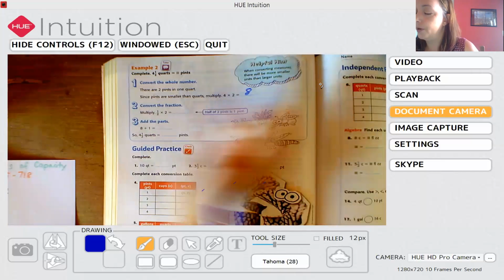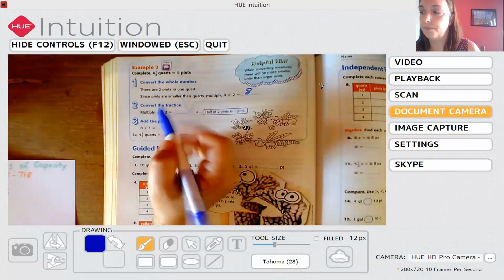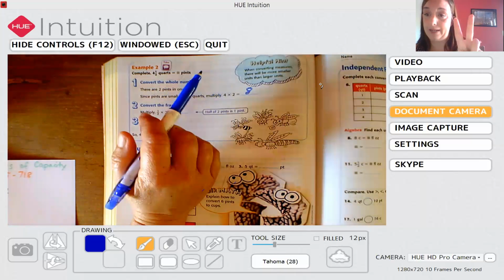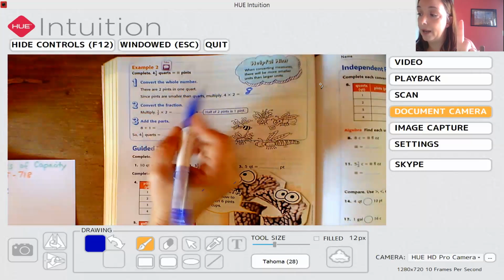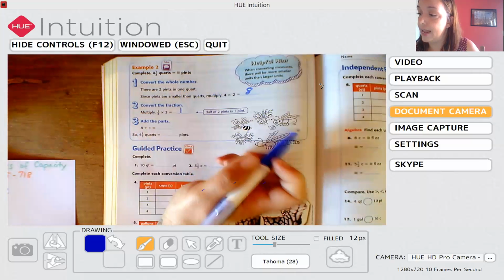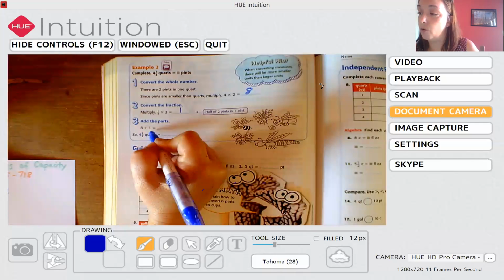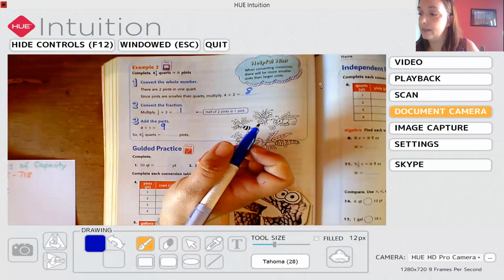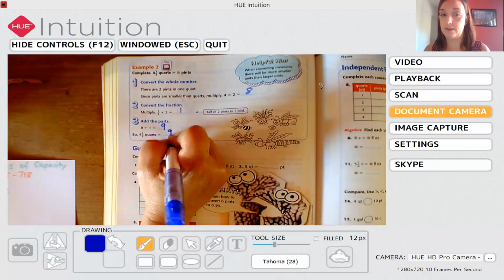So the whole number is 8. Now in 1 quart, there's 2 pints, so in half a quart, that would be 1 pint. So if I have 8 from the whole number 4 plus 1 from the half quart, that's going to be 9 pints. So 4.5 quarts equals 9 pints.